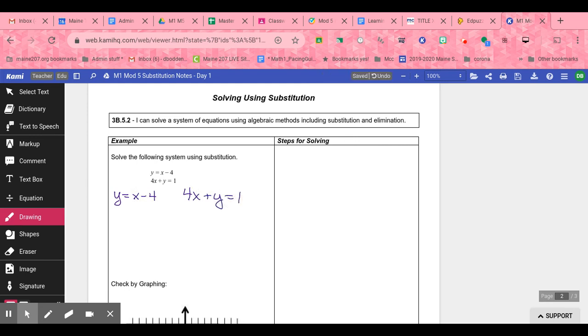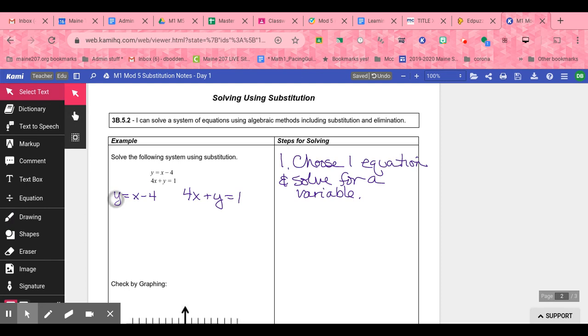All right, and in step 1, I'm going to choose one equation and solve for a variable. Now, as you can see, if you look at the equation on the left right here, I already have an equation with a variable by itself. So my step 1 is actually already done.